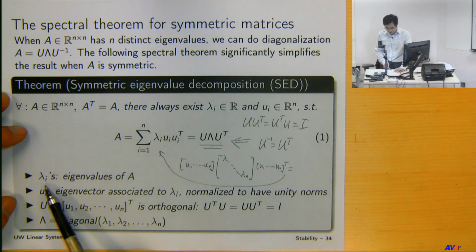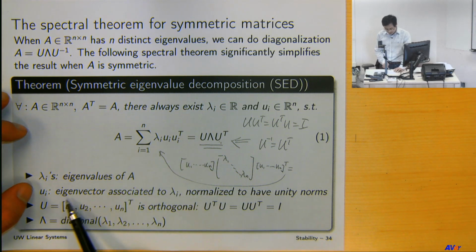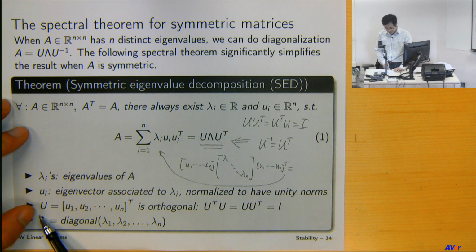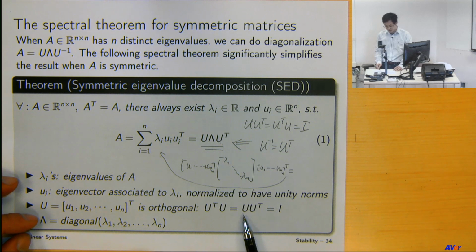And as we talked about, the lambdas are the eigenvalues of A, and the u_i are the eigenvectors associated to the eigenvalues, normalized to have unit norms, and U consists of these normalized eigenvectors and satisfies this orthogonal property. Its inverse is its transpose. All right?